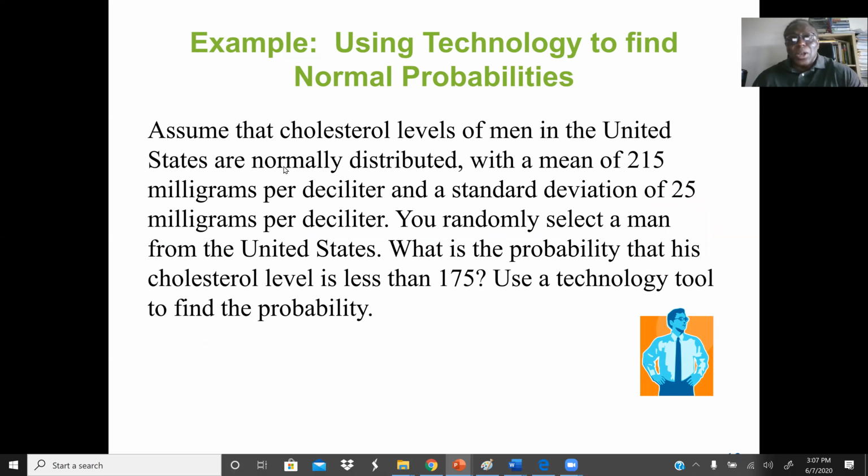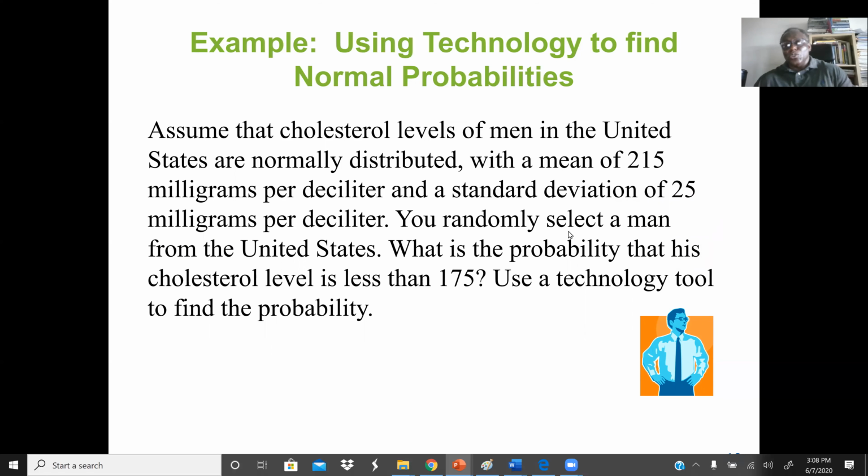Now the next example: assuming that the cholesterol levels of men in the United States are normally distributed with a mean of 215 milligrams per deciliter and a standard deviation of 25. The question is, what is the probability that his cholesterol level will be less than 175?